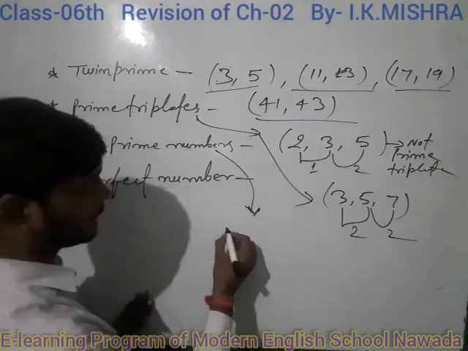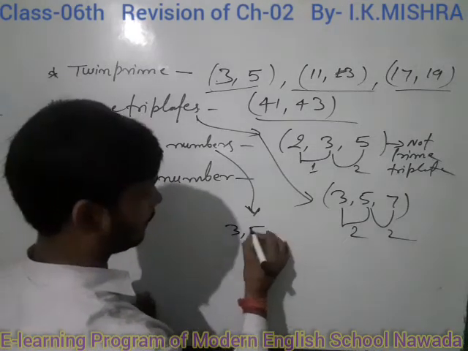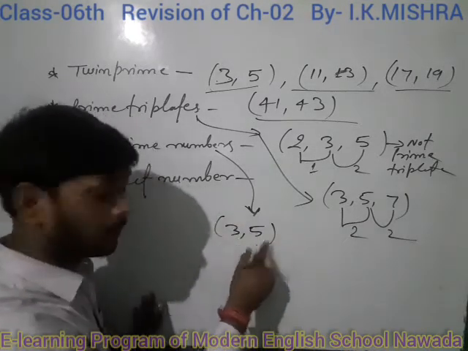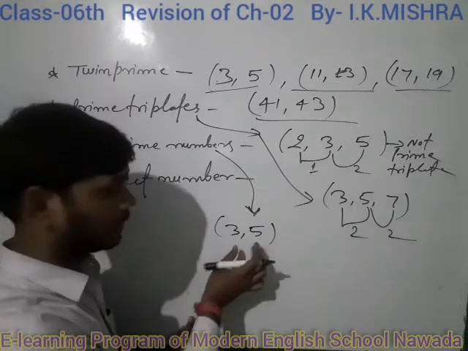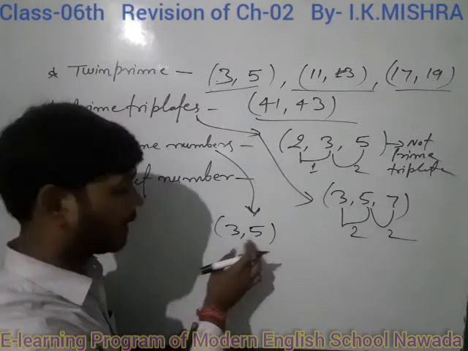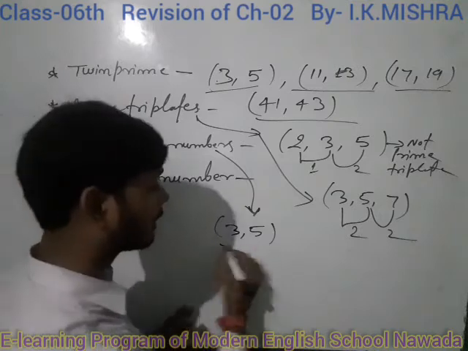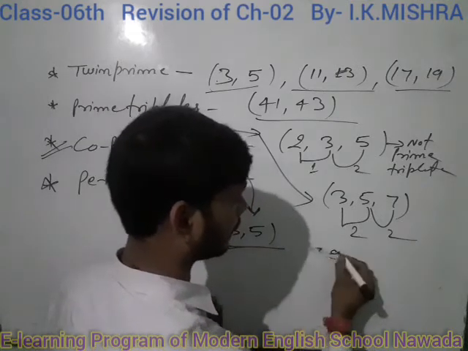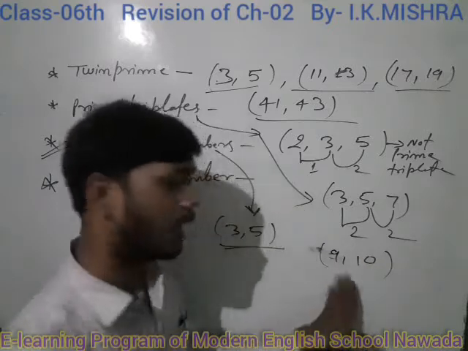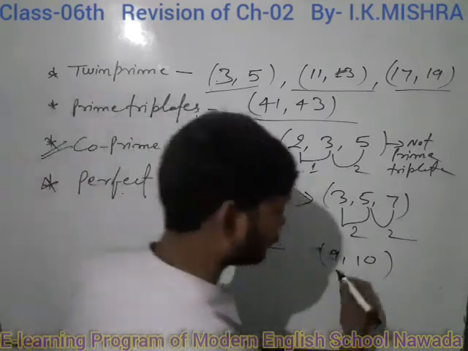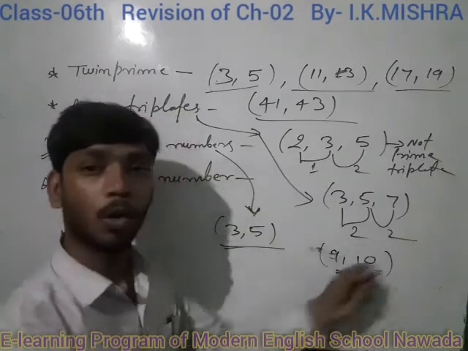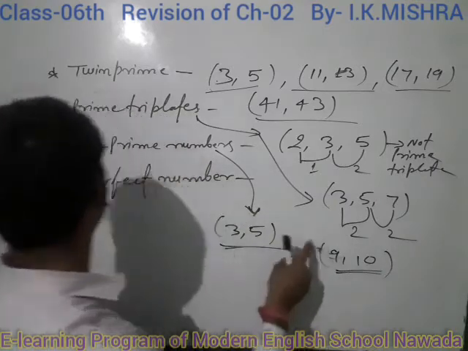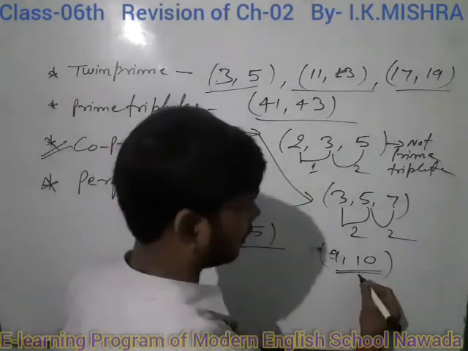Suppose I write 3 and 5. Here both are prime and they have no common factor other than 1, so it is a co-prime pair. Suppose I write 9 and 10. Here 9 and 10 are both composite numbers, but they have no common factor other than 1, so it is a co-prime pair.